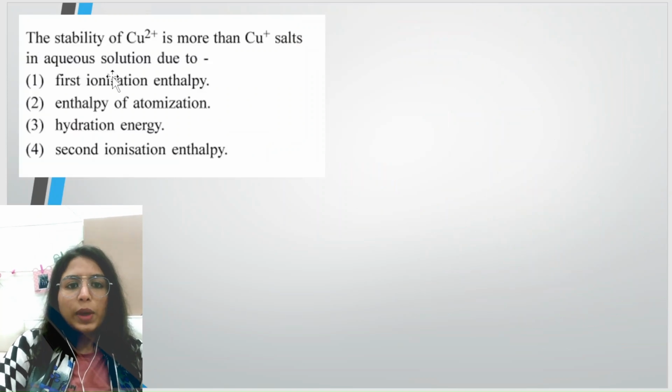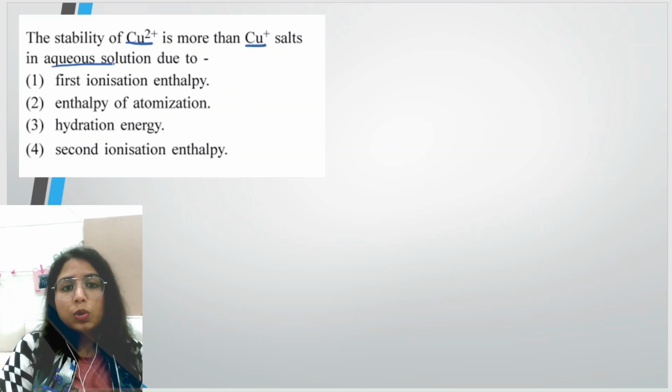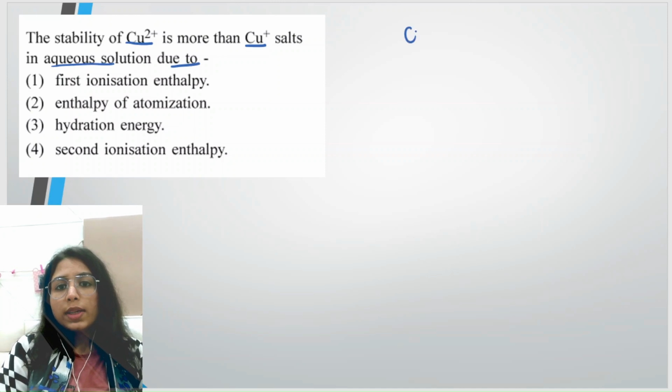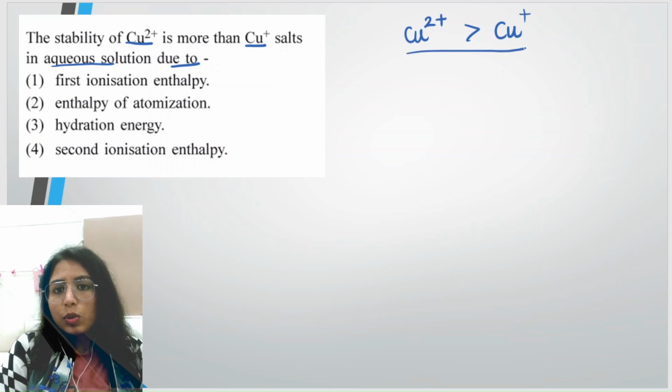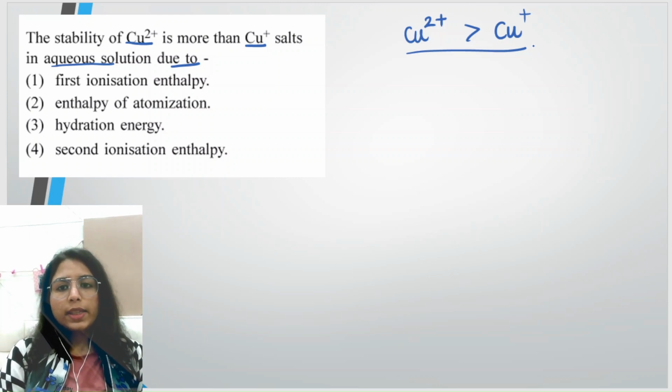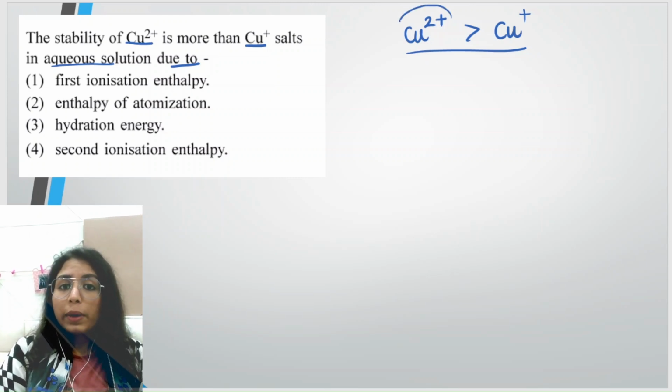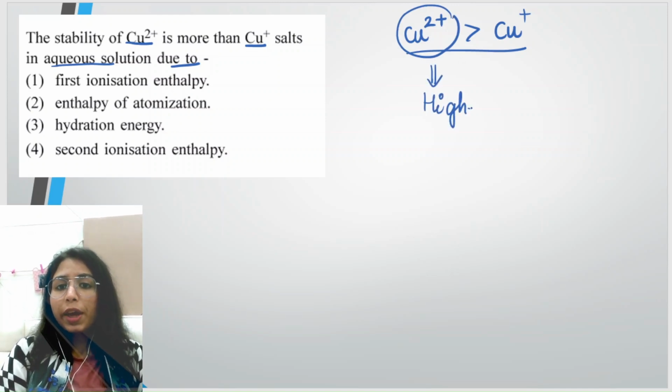Next we have the question which says, the stability of copper 2 plus is more than copper plus salts in aqueous solutions is due to. So it is asking why copper 2 plus is more stable as compared to copper plus. What is the reason behind that? You study this in the chapter of d-block elements, and it is written very boldly in NCERT that copper 2 plus compensates for higher hydration energy.